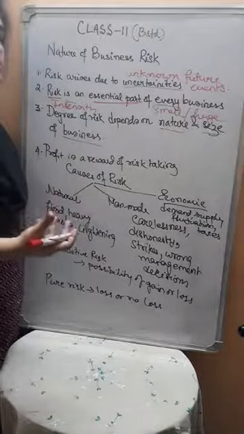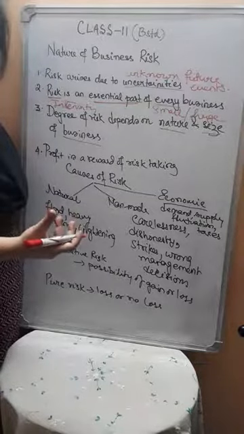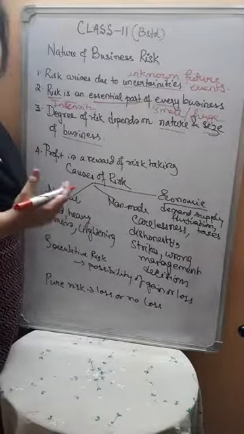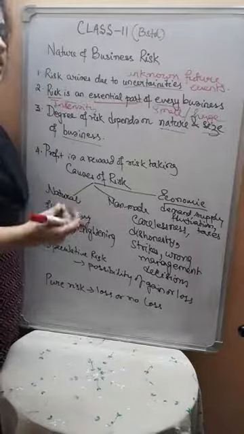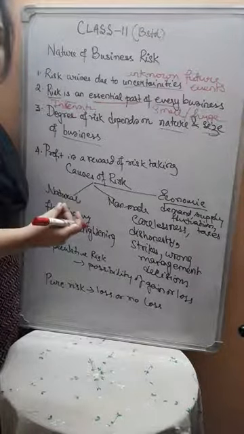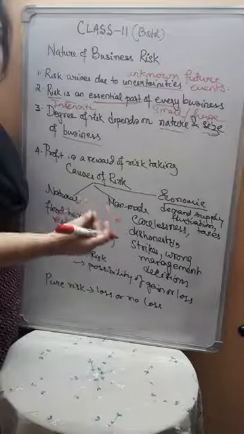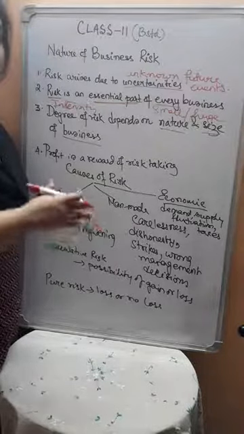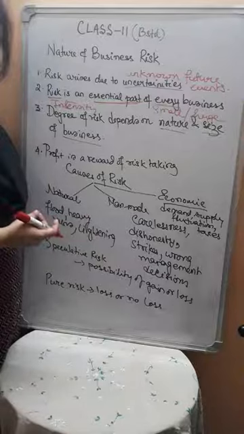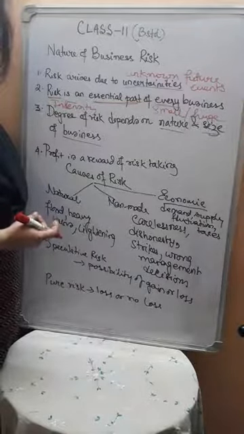So that type of business knows that risk is there, but only very minimum risk is present, because the goods they are delivering are of essential type to the customers, and we don't leave essential commodities out of our consumption basket.